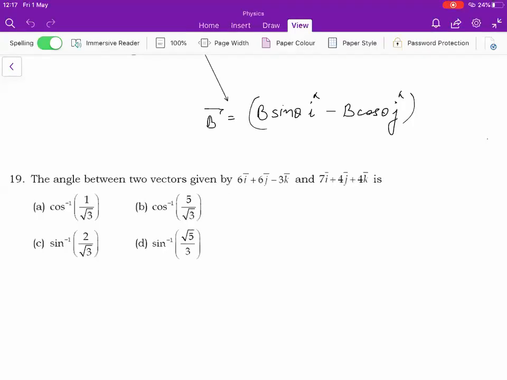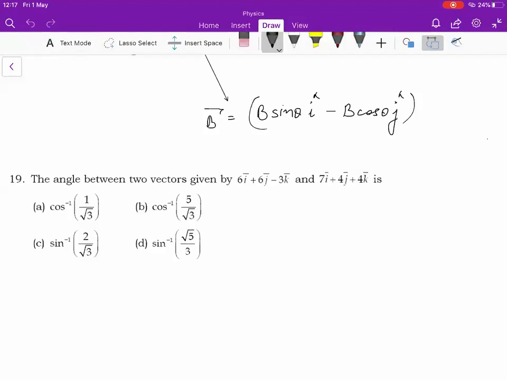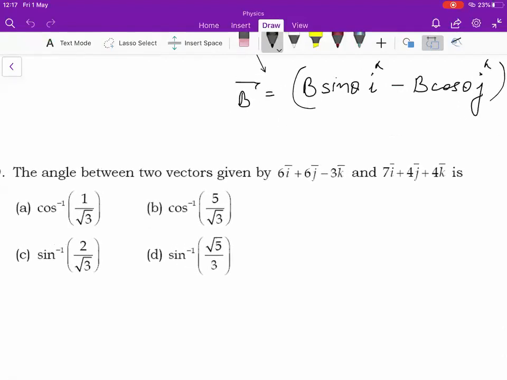Product, first of all, we find the dot product of A and B divided by the magnitude of A and B. So it will be 54 upon root 81 into root 81. So we get cos inverse of 2 by 3. What is the magnitude of this vector A? It's root 81.